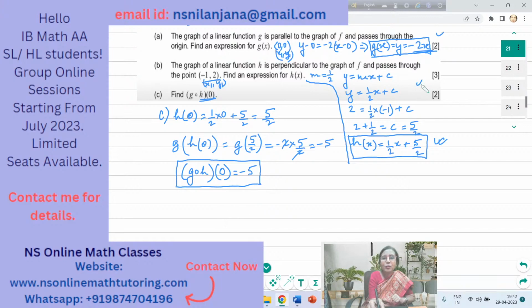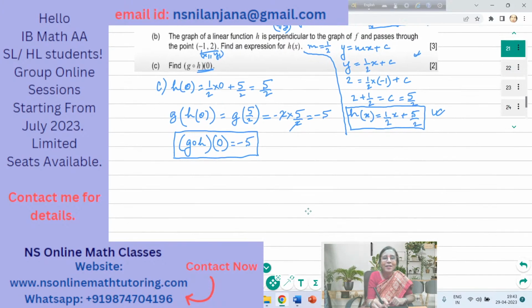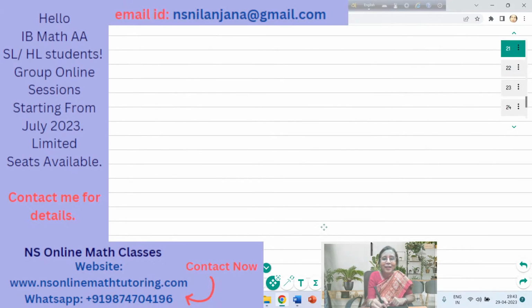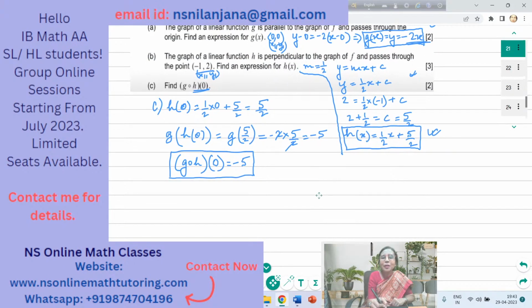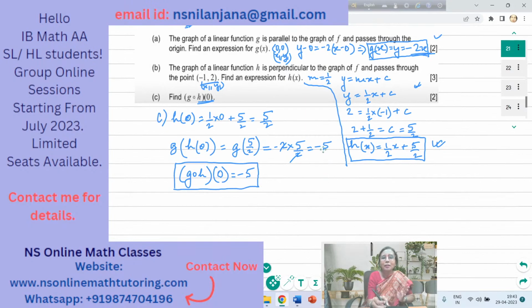Obviously, I have solved it over here. Don't solve it this way. You will be given the space, you solve them in the given space. And you know that, definitely you know that. I just write these because it helps me explain when the question and the working are both visible simultaneously, it becomes easy to explain.